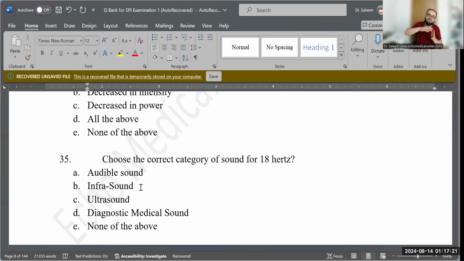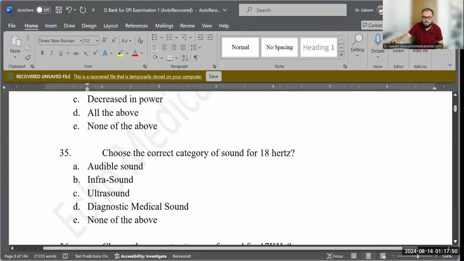From 20 kilohertz all the way to 1 megahertz, that is ultrasound, which we use for treatment. From 1 megahertz and above, that is the sound we use for imaging, for picturing, for diagnostic purposes, and that is diagnostic medical ultrasound. So B is the correct answer.